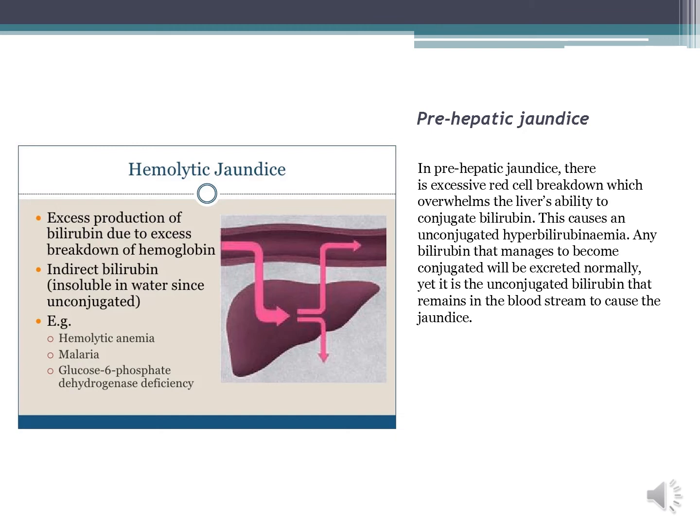So this is the first group of jaundice, which has the name prehepatic jaundice. Please remember, hemolytic anemia, malaria, and glucose 6-phosphate dehydrogenase deficiency may cause such prehepatic jaundice.